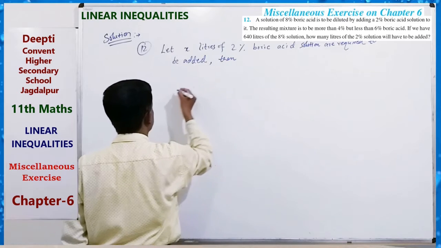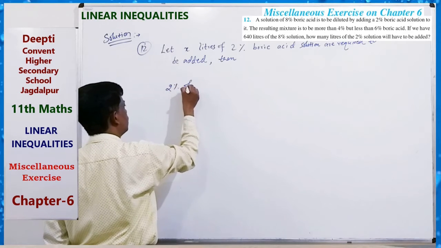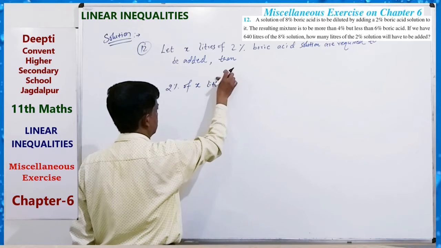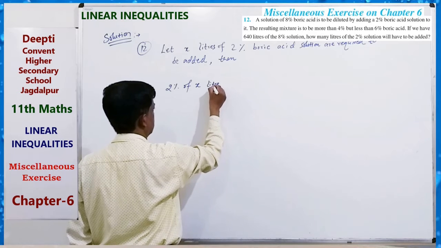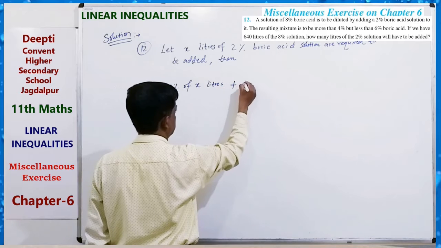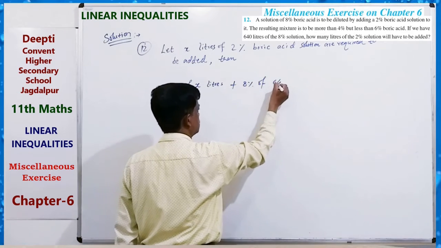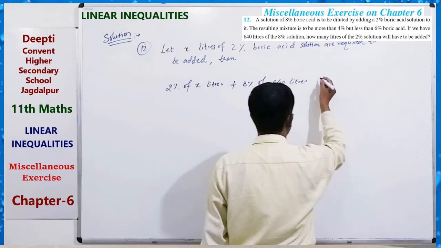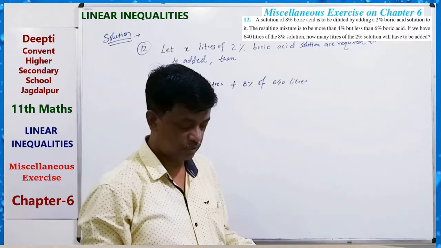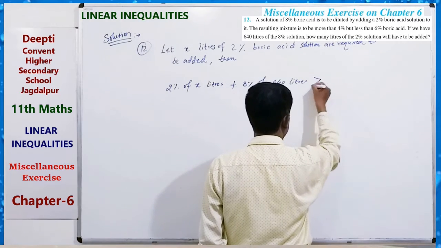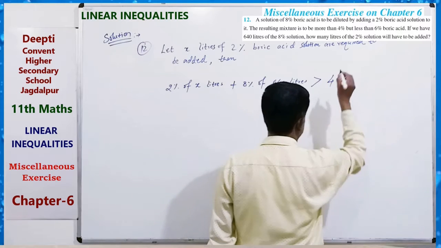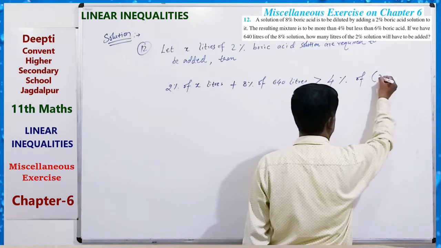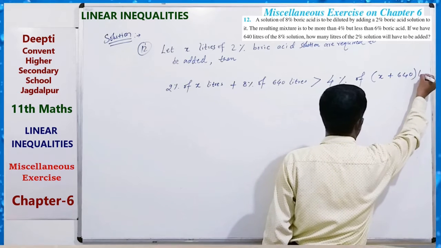Then 2% of X liters plus 8% of 640 liters is more than 4%, is greater than 4% of the mixture, X plus 640 liters.